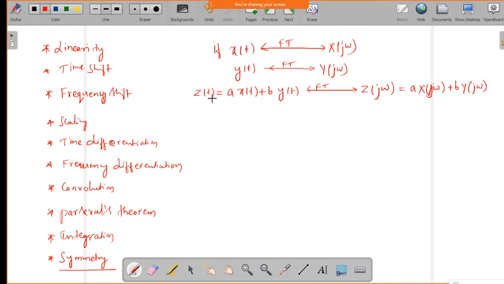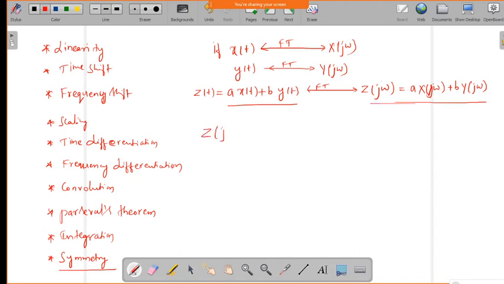Okay, so this is a property which will be called the linearity property. Okay, if two signals exist with their Fourier transforms, and if we scale by the factors a and b correspondingly, and if we add, then the Fourier transform of this is scaled by the same factors and will give the addition of those two Fourier transforms. So now we will prove that.